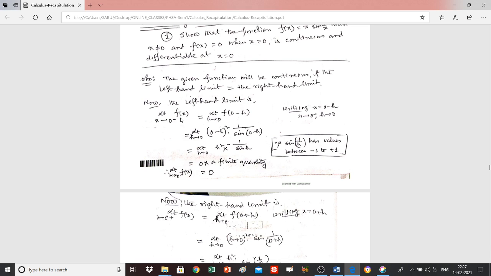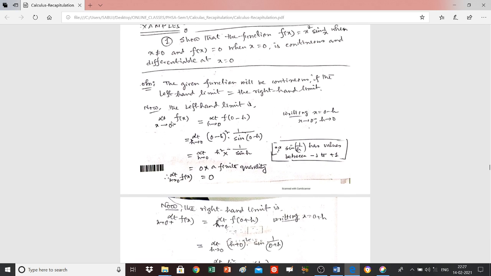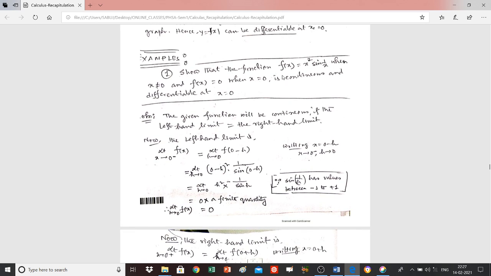The left hand limit, limit x tends to 0 minus, you can write as limit of f(0 minus h) when h tends to 0. Here x is equal to 0 minus h is the substitution, because x tends to 0 but is less than 0. So in that condition f(x) is x square sine 1 by x, since x is not equal to 0.